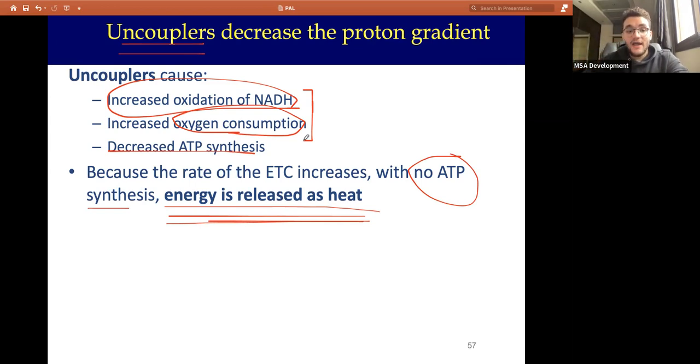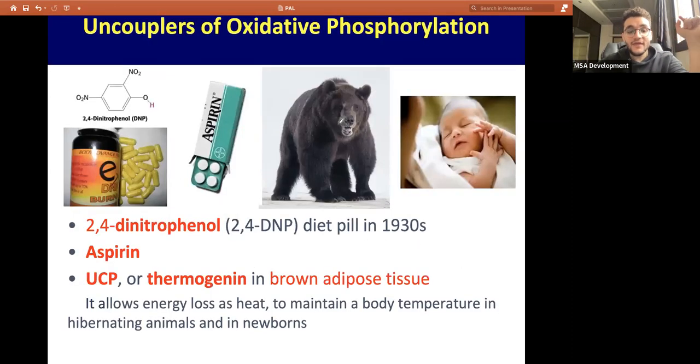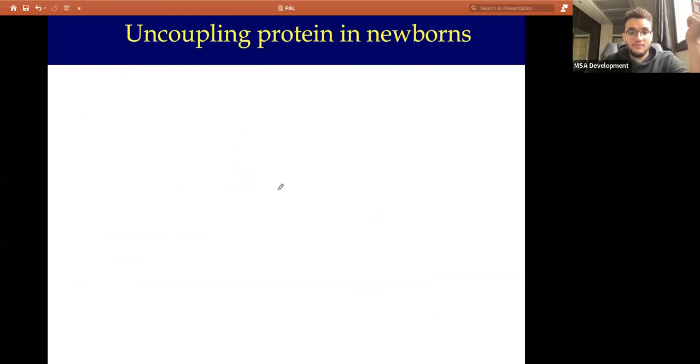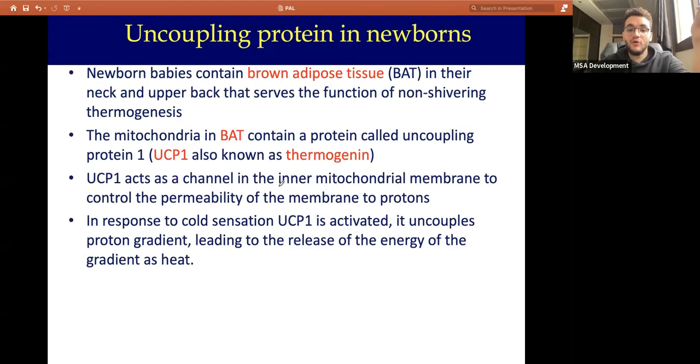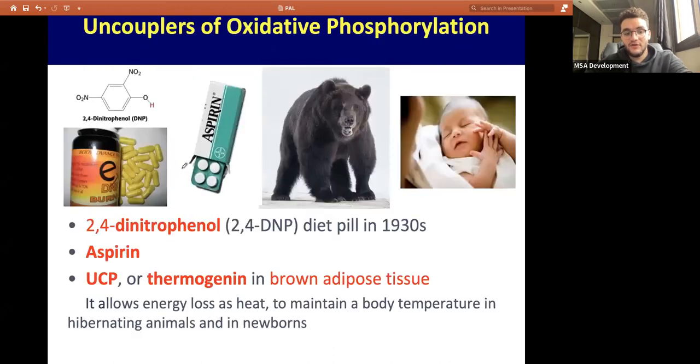Okay, so here it does form energy, but it's released in the form of heat, and that is why, for example, newborns have what we call the brown adipose tissue. The brown adipose tissue in the mitochondria has an uncoupler called UCP1, which is one of the uncouplers here.